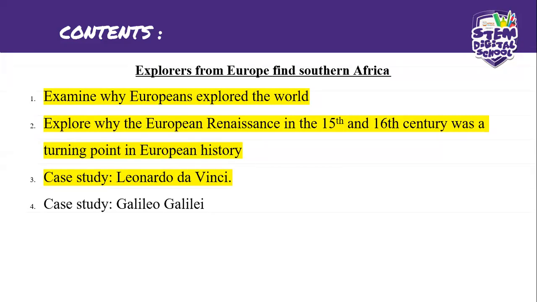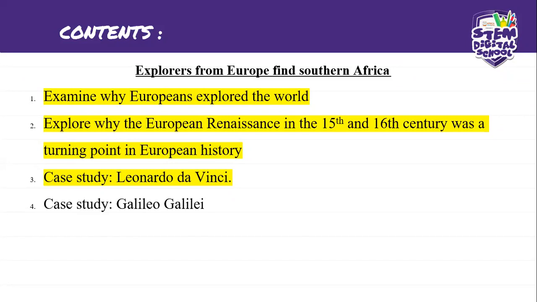It spread from Italy to France, England, Germany, the Netherlands, Spain, and other European countries. So the Renaissance was not only in Italy, it spread to neighboring countries in Europe.